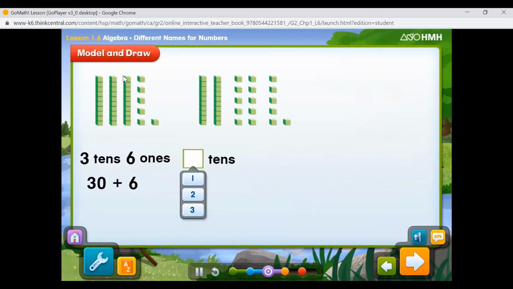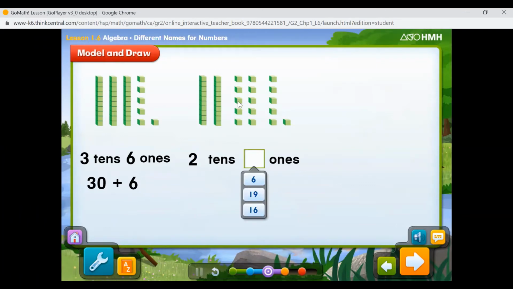How many tens are there now? Great job! There are 2 tens in this model. How many ones are there now? Great job! There are 16 ones in this model.